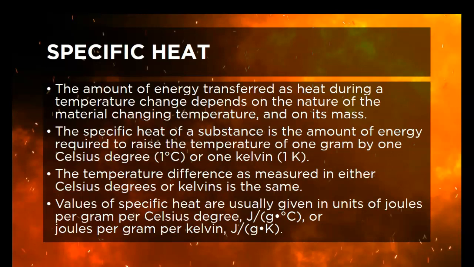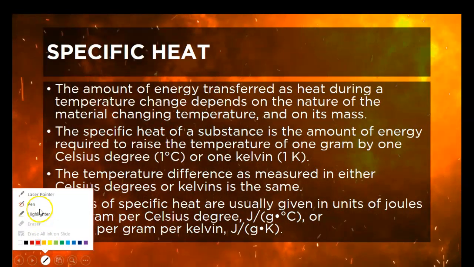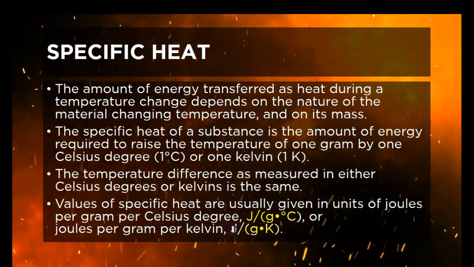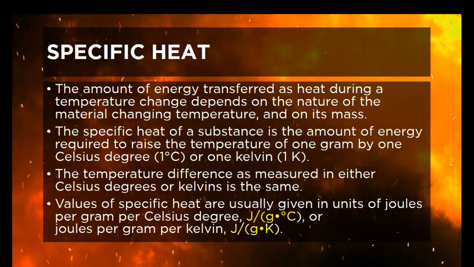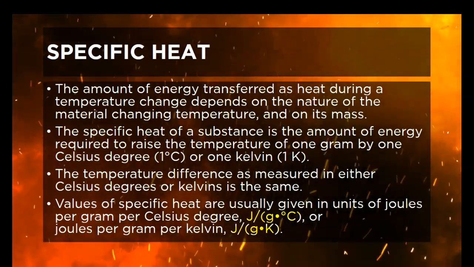So there you see at the bottom, I have these two units, joules per gram Celsius or joules per gram Kelvin. You want to make sure you're paying attention that you're in the right temperature for that, because a substance will have a different value for each, and those will be given to you.